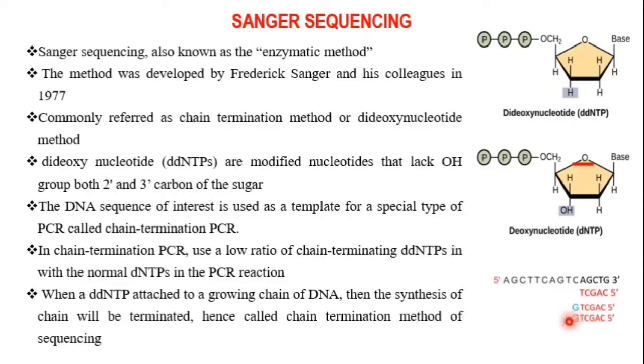So this chain also terminates. This type of PCR is called chain termination PCR because the chain will be stopped. That's why this sequencing is also called the chain termination method of sequencing.